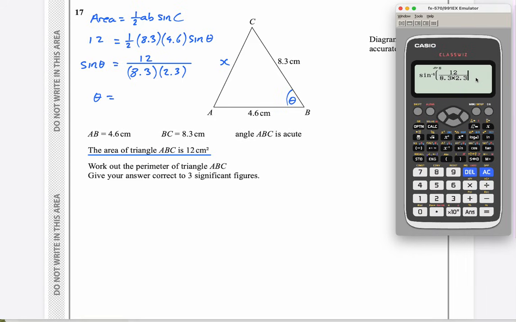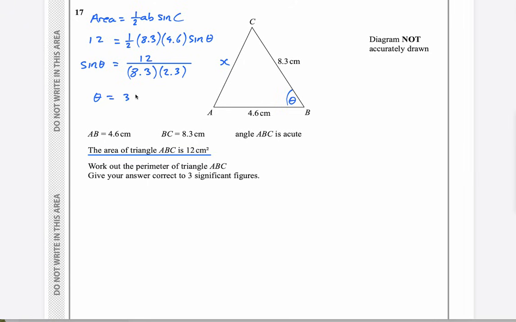Close the bracket at the end. 38.947. So that's this angle. Okay, now I have this angle, 38.947. I can comfortably use the cosine rule.